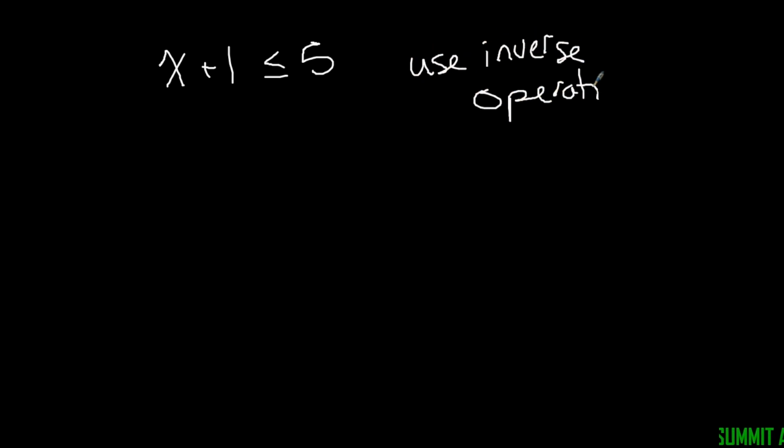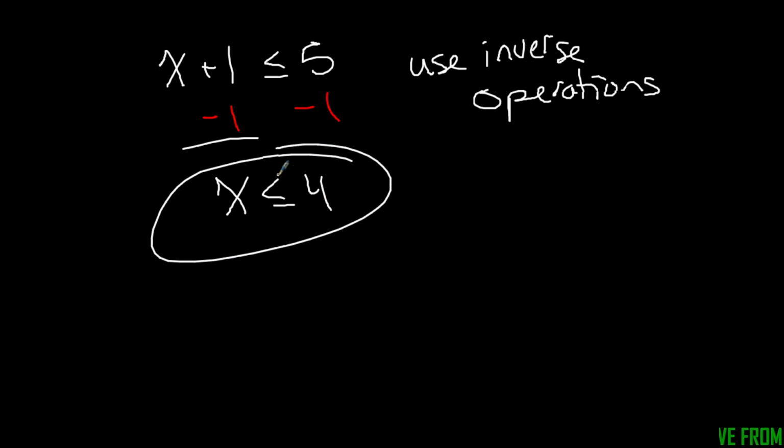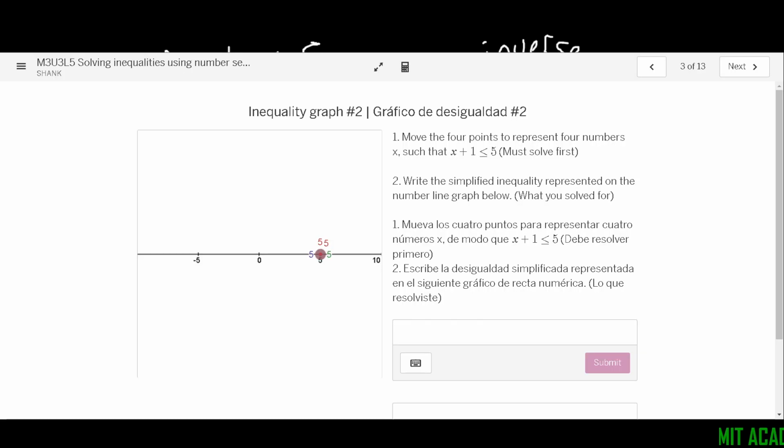And that's the same idea as what we had before. So for example, if this was an equation, we'd solve for x. So I'd say, okay, I have to subtract 1 from both sides. And I would say, okay, I have x is less than or equal to 4. And so that's going to be my answer for this one. So let me hide that. And then let's go back here.